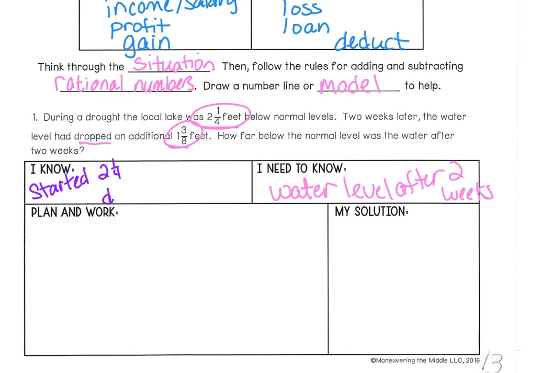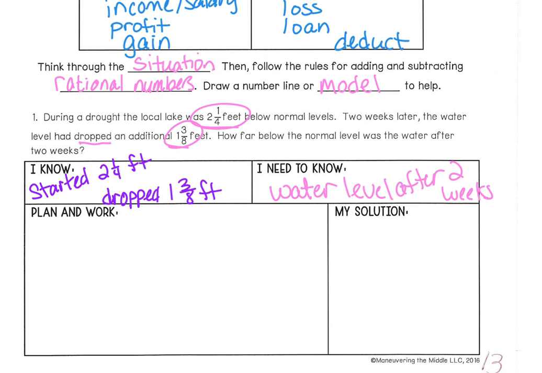And then it dropped 1 3/8 feet. You'll notice I circle and underline important things in my problem. That just helps it stand out when I'm looking to work through this.